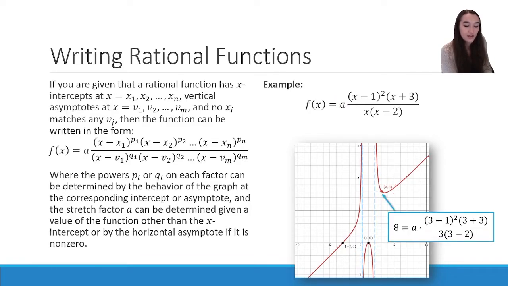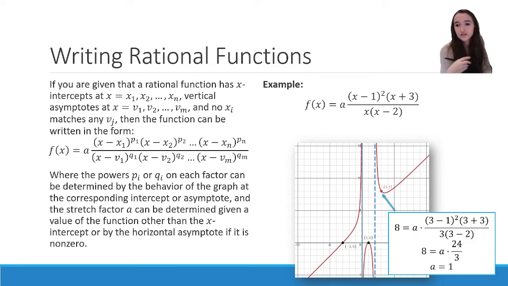So we get 8 equals a times (3 minus 1) squared times (3 plus 3) over 3 times (3 minus 2), which is 24 over 3. 24 divided by 3 is in fact 8, so 8 equals a times 8, so a would be 1. So yes, this comes out nicely with a being 1, but that is not always the case. Please don't forget your a. Make sure to check whether it's 1 or something else.